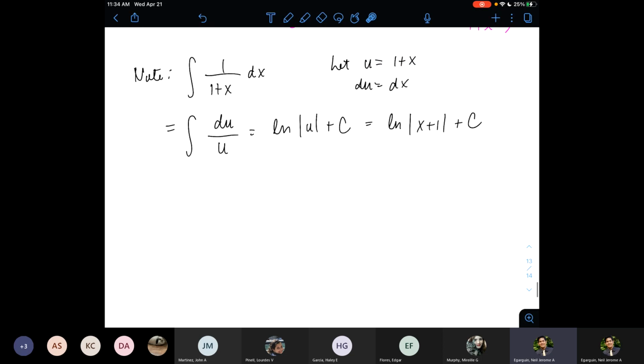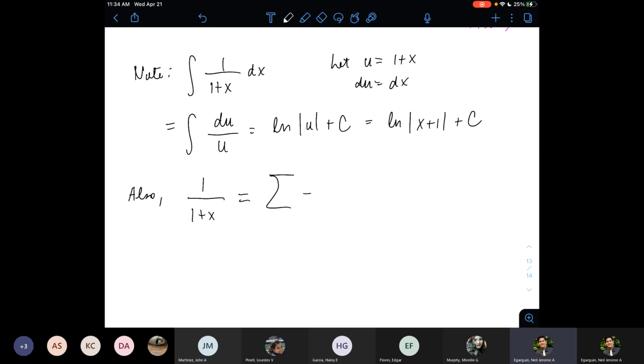But note that we know that 1 over 1 plus x can be expanded as the series of negative 1 to the power n, x to the n, going from 0 to positive infinity.